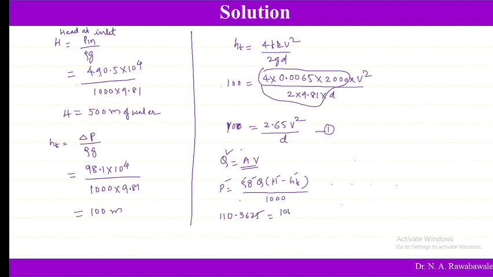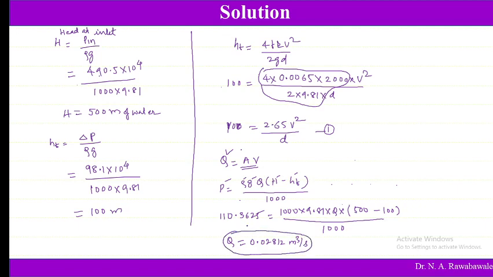Rho is 1000, g is 9.81, q is unknown, and h is known, that is h is equal to 500 meter, which we have obtained, minus hf is 100 meter, divided by 1000. So here we get q is equal to 0.02812 meter cube per second. So now q is known.